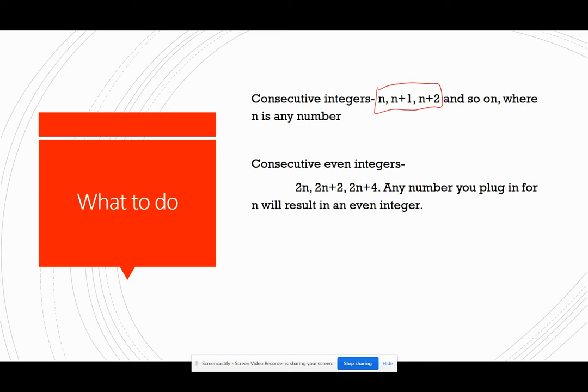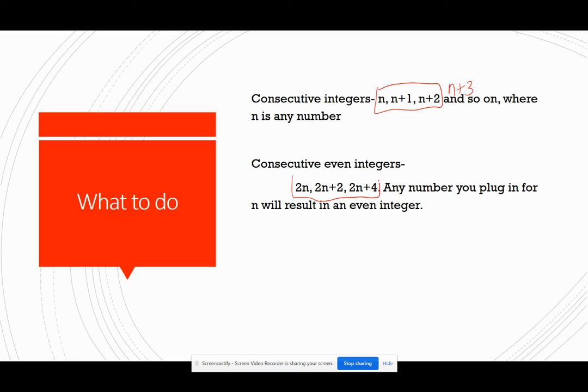The next one will be n plus 3. Let's say we need 4 consecutive integers, the fourth would be n plus 3. So we're just going to keep going in a row by adding one more to each of these because it's in a row.